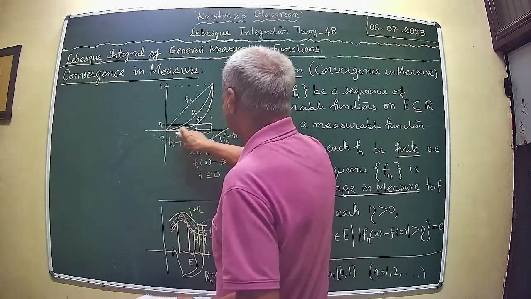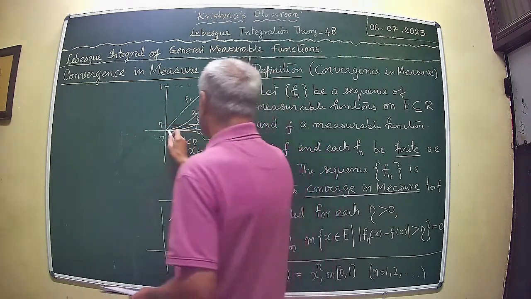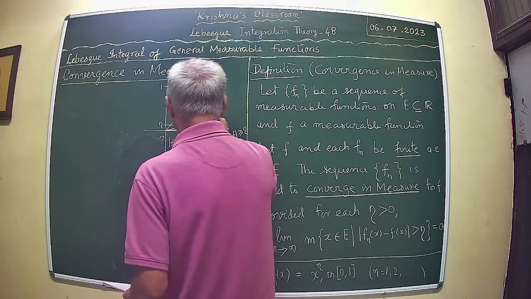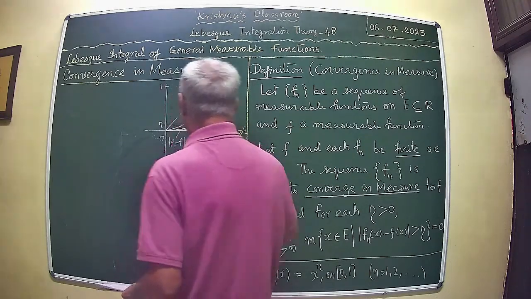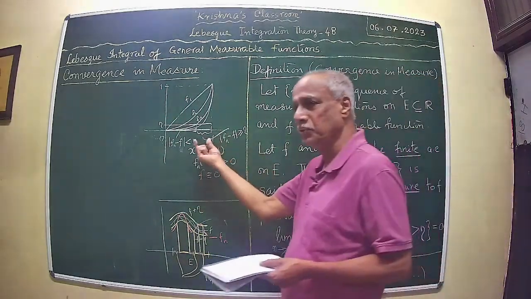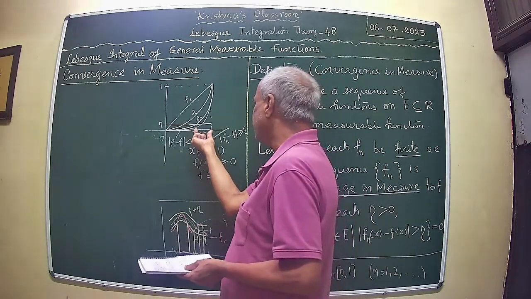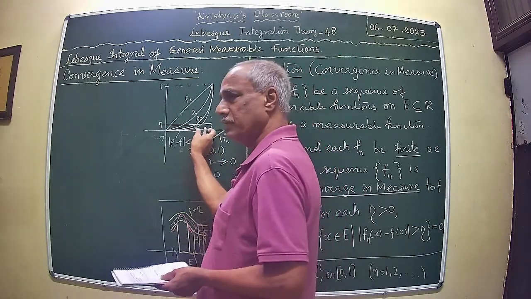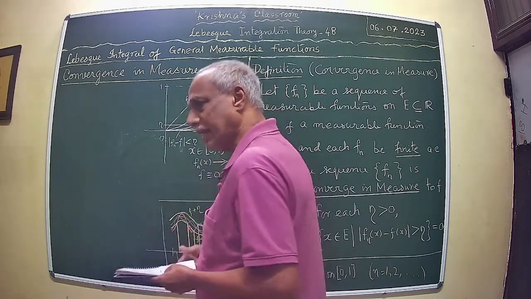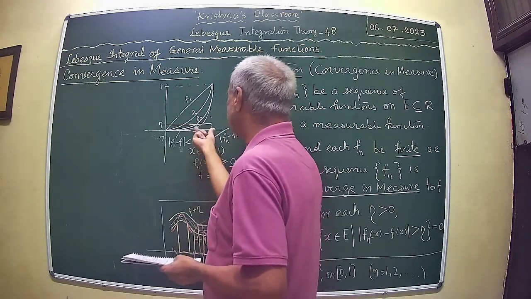And now see, as n increases, the Fn becomes more and more flat. So you can actually compute and show that the measure of this particular interval for a fixed eta goes to 0 as n tends to infinity.